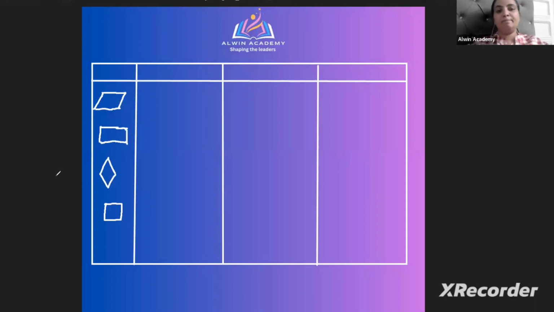Right, bache? So this is about diagonals only. Abhi I'm only concluding the diagonals' property because this was introduced to you only this year. Diagonals you didn't read earlier. So diagonals, are they equal? The first property. Do they bisect? Or are they perpendicular?